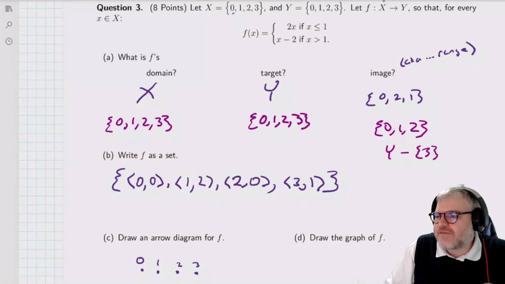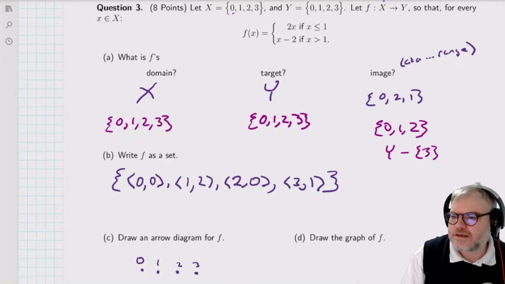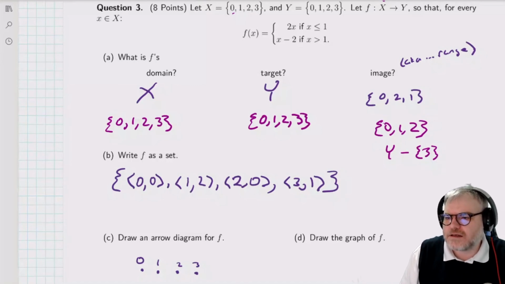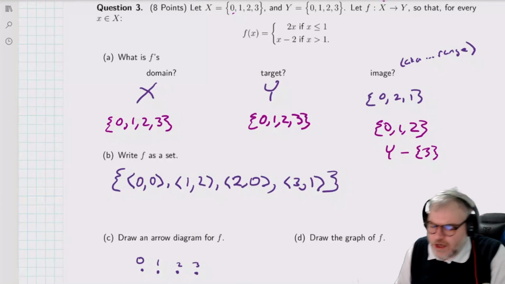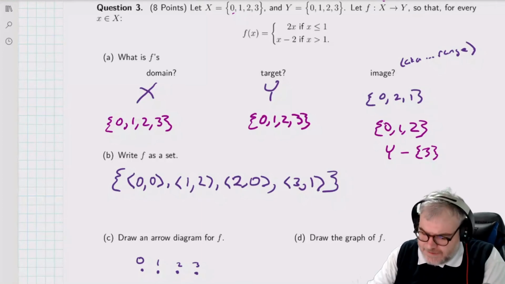Okay, so 1 to 5. How do we feel about the rest of that part A? Yes, so target and codomain mean the same thing. Range and image mean the same thing.